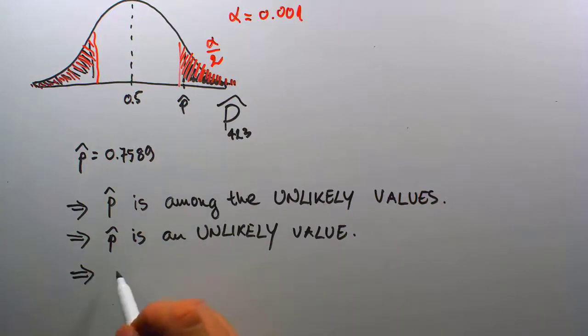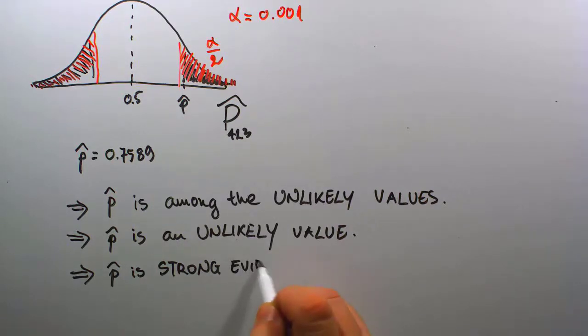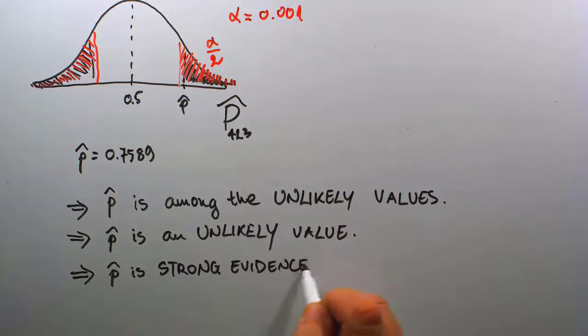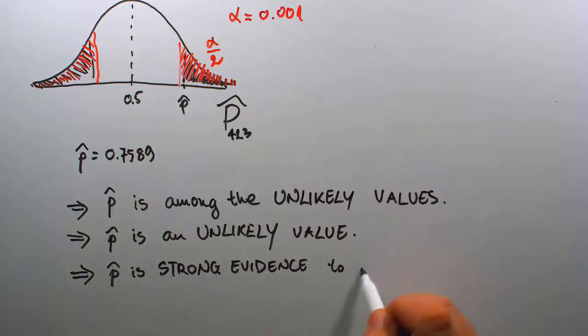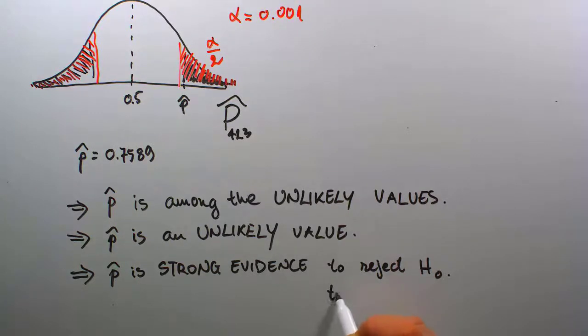Then we're saying that now p hat, our sample proportion, is showing strong evidence, on one hand, to reject the null hypothesis H0, or to support the alternative hypothesis H1.